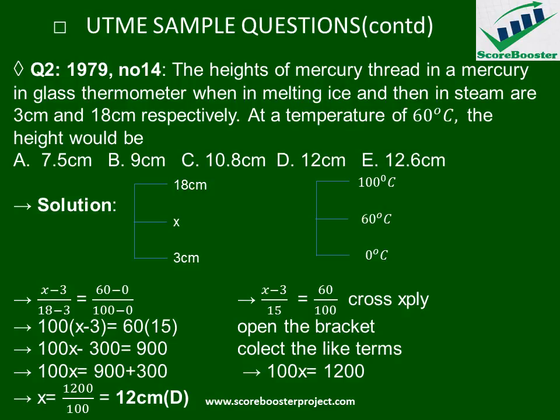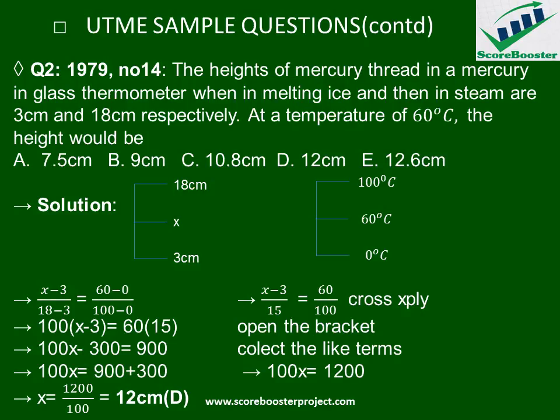In solving this also, we'll write out the ice point, the steam point, and the intermediate point. For the mercury-in-glass thermometer, the steam point is given as 18 cm, which represents the upper part of the E shape. The middle point, the intermediate point, is unknown, which can be represented by X, while the ice point is given as 3 cm.